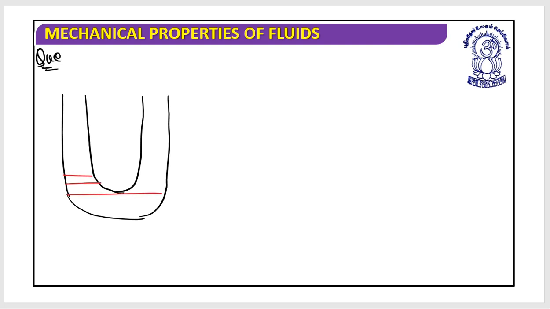One of the liquids has density rho 1, and this other liquid has density rho 2.